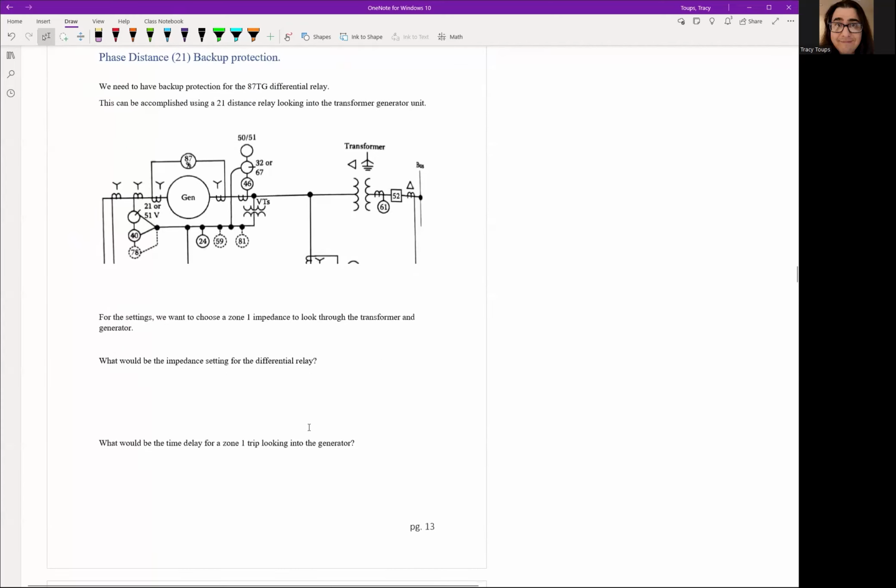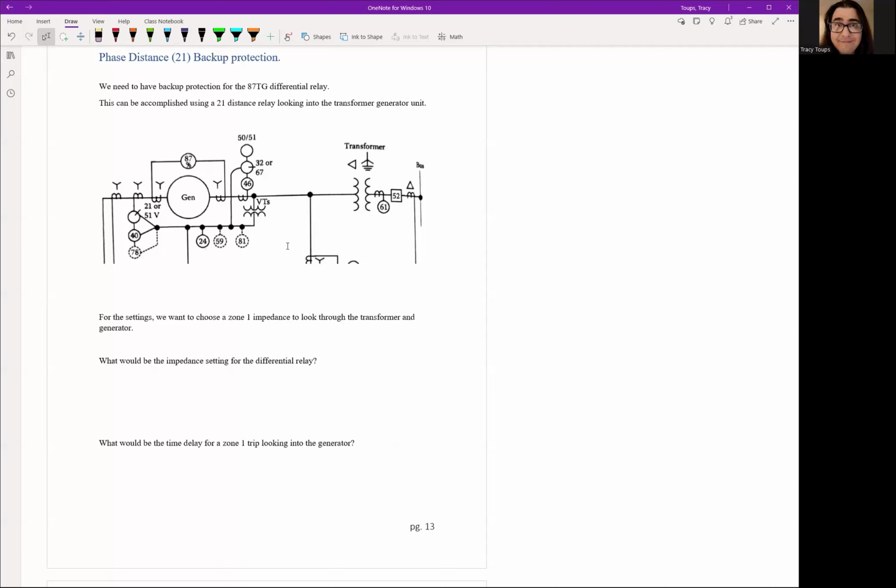Now, all that differential packaged together gives you a pretty comprehensive plan for protecting the generator, even with multiple layers of differential. But like any protection plan, you want to diversify.